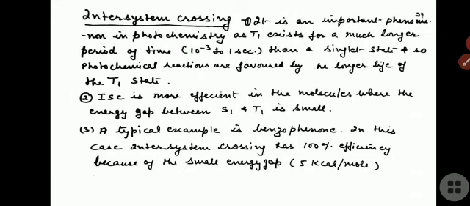ISC is more efficient in the molecules where the energy gap between S1 and T1 is small. So, a typical example is benzophenone. In this case, intersystem crossing has 100% efficiency because of the small energy gap, that is 5 kilocalorie per mole.